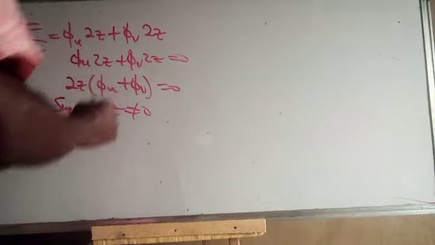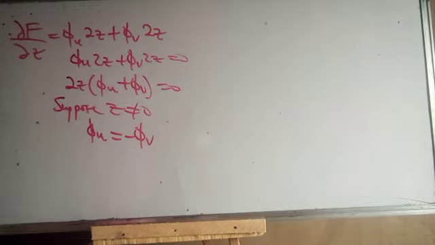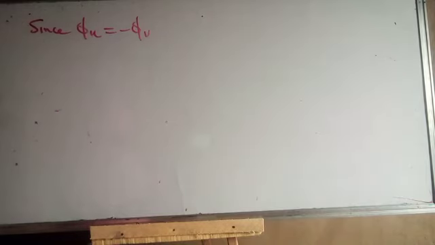So that implies that phi u is equal to minus phi v. Okay, phi u is equal to minus phi v. Since phi u is equal to minus phi v, you can call that equation 4.